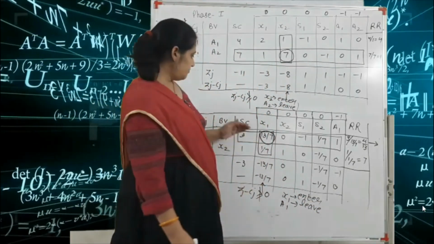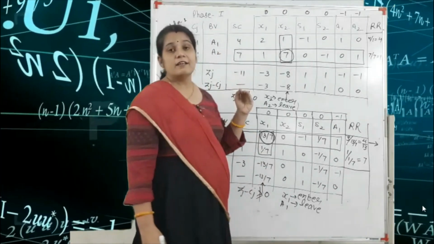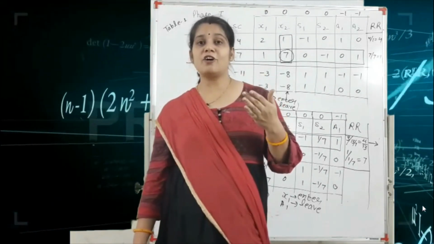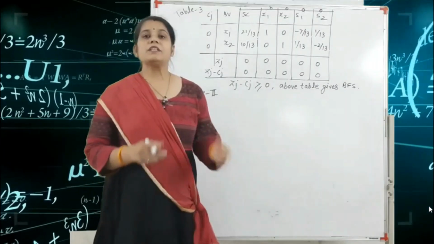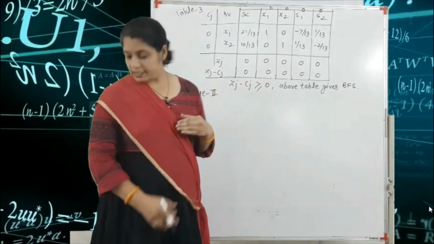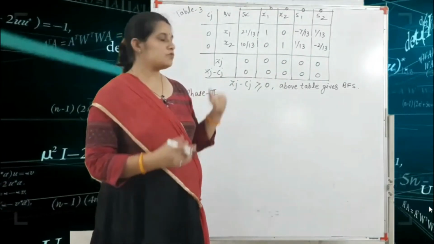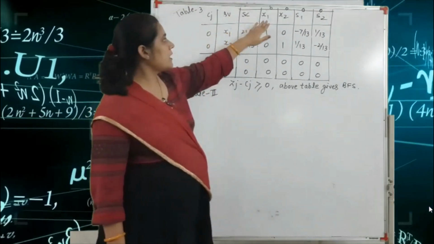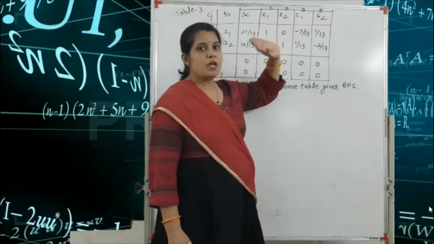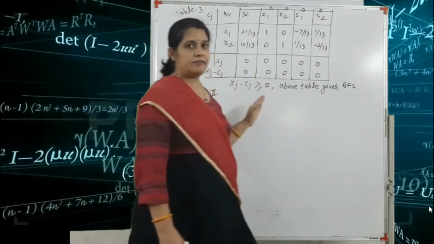Okay, so with the help of table 2, we make table 3, and this is for the phase 1 value. Okay, not the phase 2 value. With the help of table 2, we make table 3: Cj, Pv, solution constant, x1, x2, s1 and s2. And here the A1 variable is given, so we can write here the A1 column.